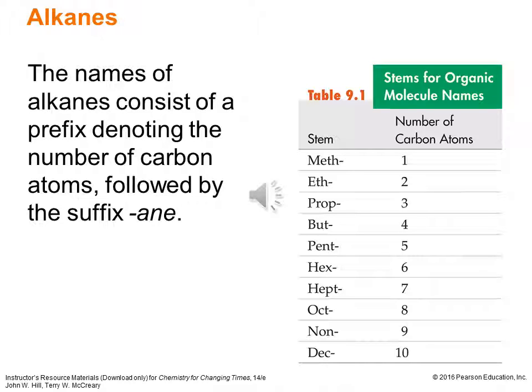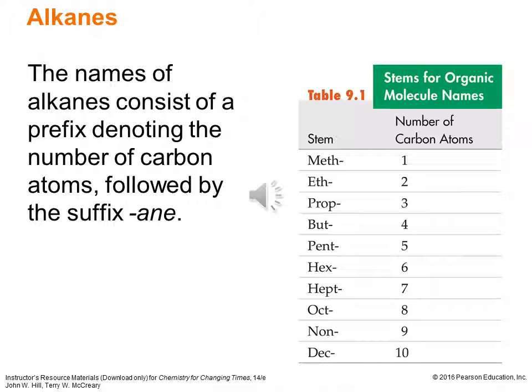Okay, so on to our Greek. At least eventually we'll get to some Greek. The names of the alkanes consist of the prefix denoting the number of carbon atoms followed by the suffix -ane. So alkanes should end in -ane. We've already talked about methane and ethane, which are 2 of the unusual names. One carbon atom gets the meth prefix, like methamphetamine has a methyl group on an amphetamine-type structure.